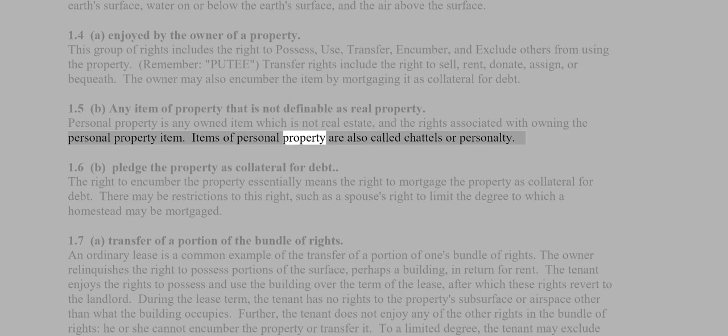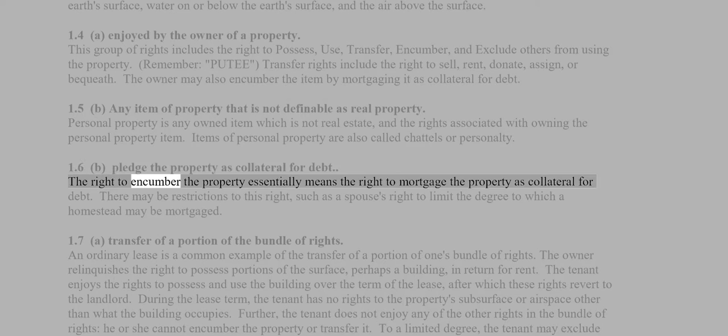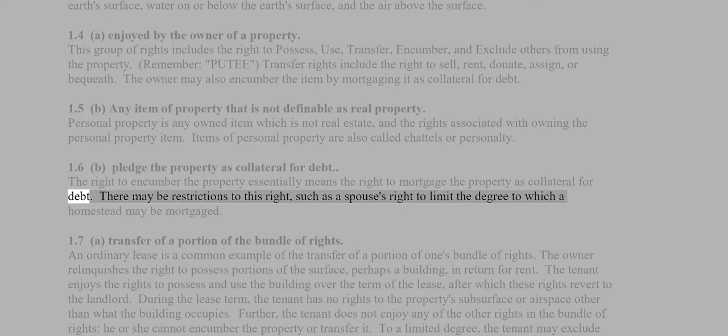Items of personal property are also called chattels or personalty. 1.6 B. Pledge the property as collateral for debt. The right to encumber the property essentially means the right to mortgage the property as collateral for debt. There may be restrictions to this right, such as a spouse's right to limit the degree to which a homestead may be mortgaged.